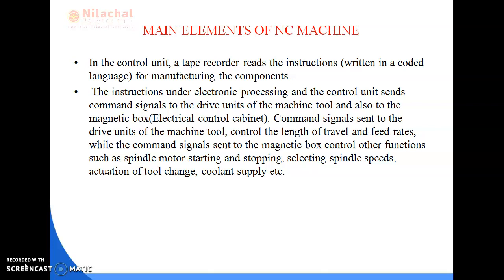The command signal sent to the drive unit of the machine tool controls the length of travel and feed rates, while the command signal sent to the magnetic box controls functions such as spindle motor starting and stopping, selecting the spindle speed, actuation of the tool change, coolant supply, coolant off, etc. can be performed.